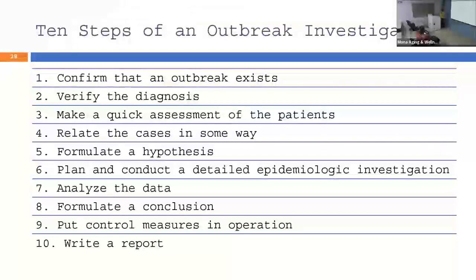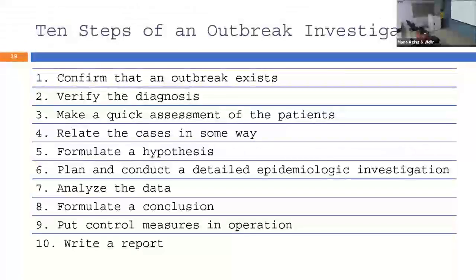And of course, to emphasize wearing of protective clothing, whether water boots, gloves, that kind of thing, so they themselves don't get the disease. And we write a report.